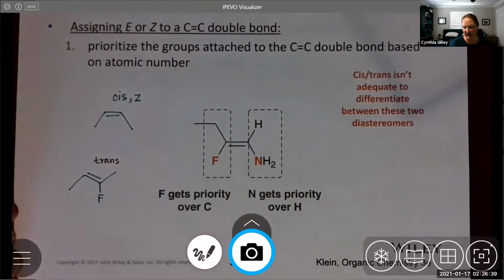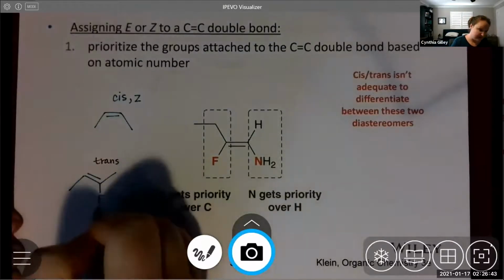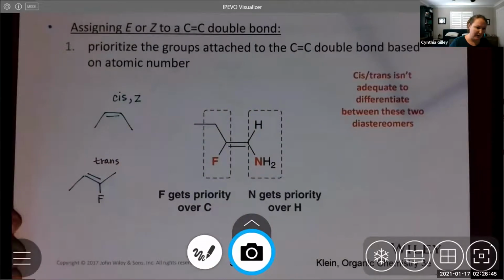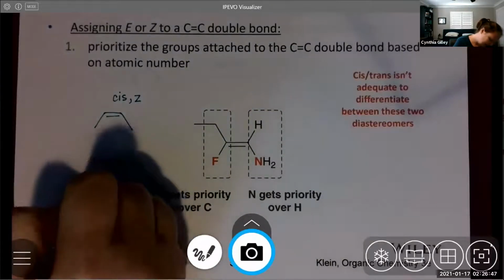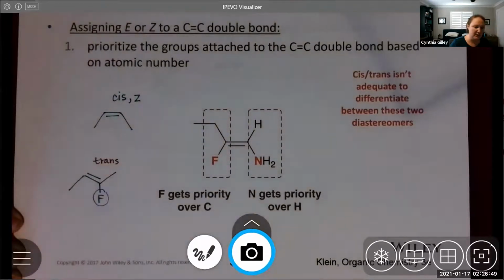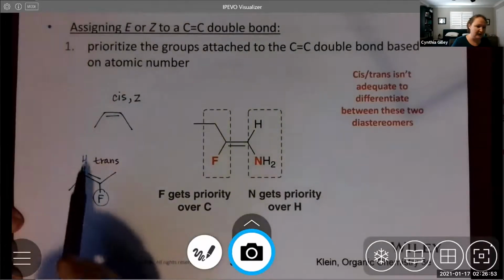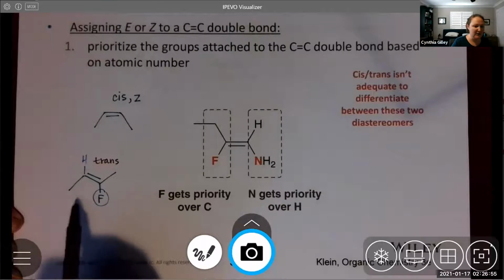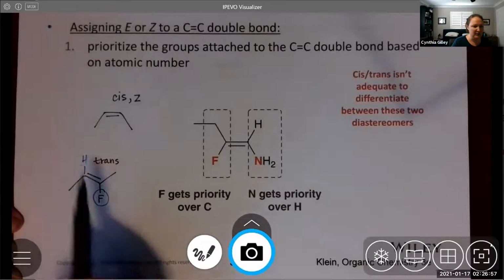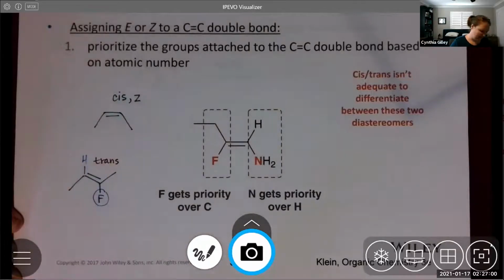But if we look at the priority, carbon versus fluorine, which one gets priority? Fluorine gets priority because it has a higher atomic number than carbon. Methyl versus hydrogen here: methyl, having a carbon directly attached, gets a higher priority than hydrogen with a lower atomic number.